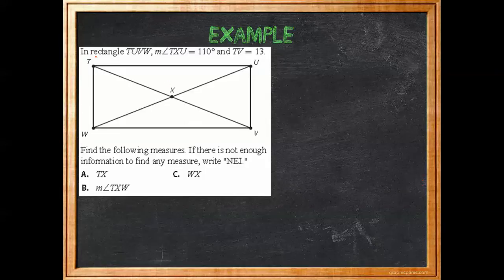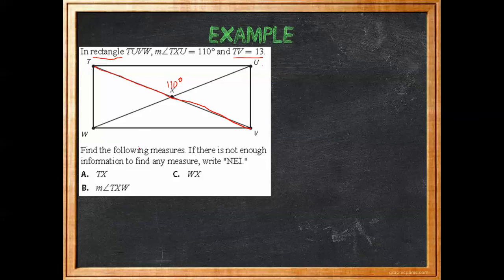Okay, and rectangle, all right, this is a rectangle, TUVW. The measure of angle TXU is 110 degrees, and TV, so this whole line right here, equals 13.